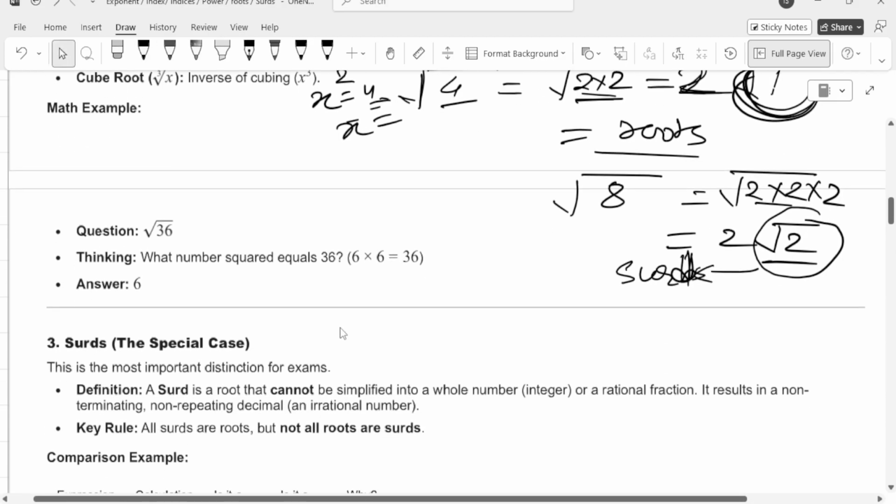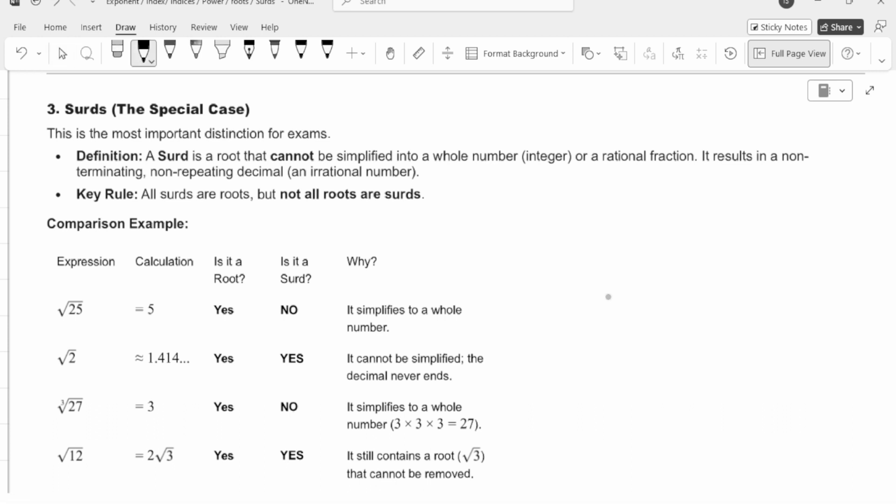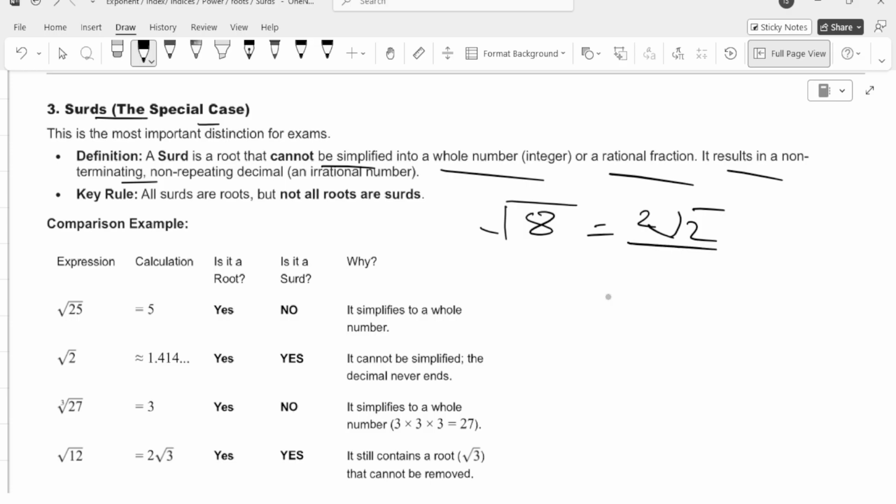I hope that is crystal clear. Now here's the key difference between surds and roots. Surds are roots that cannot be simplified into a whole number, integer or rational fraction. Root 8 simplifies to 2 root 2, and here root 2 is an irrational number form. If any root simplifies to a whole number, integer or rational fraction without root, that is a root. And where root 2 remains, we call that a surd.